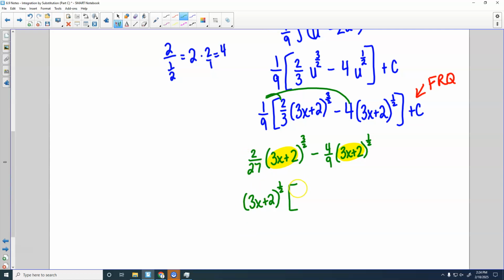If we do that, we would have 2/27 times (3x plus 2) to the first power, because it's like you're dividing by (3x plus 2)^(1/2), and you subtract those exponents, which gives you 1. Over here, dividing by (3x plus 2)^(1/2) just cancels out, so you'd have minus 4/9 there.